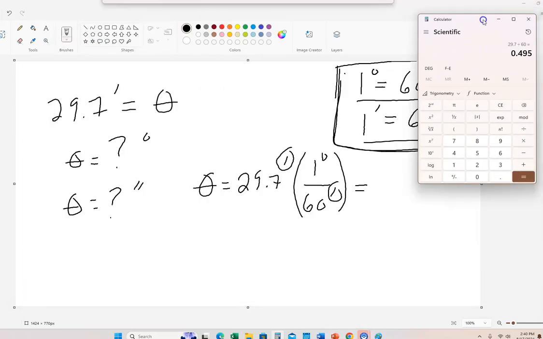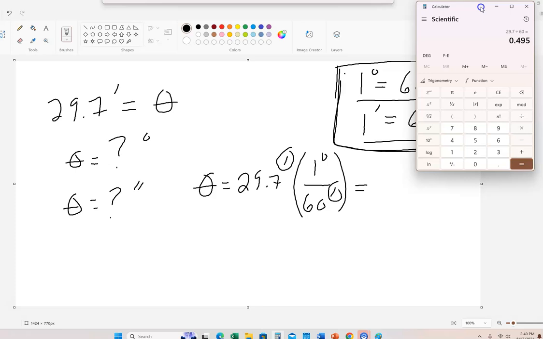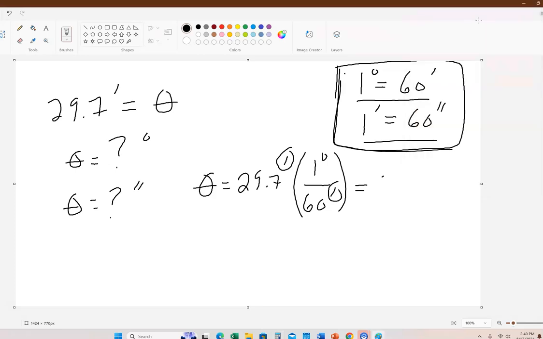We'll talk later about rounding to a certain significant figure, but right now I'm just going to put 0.495 degrees. So this many arc minutes is this many degrees.